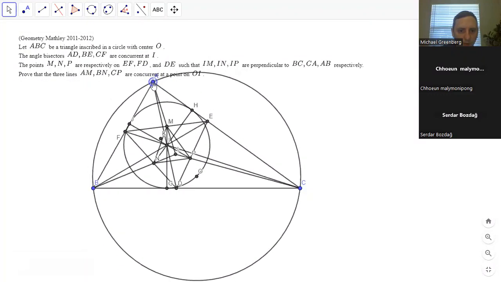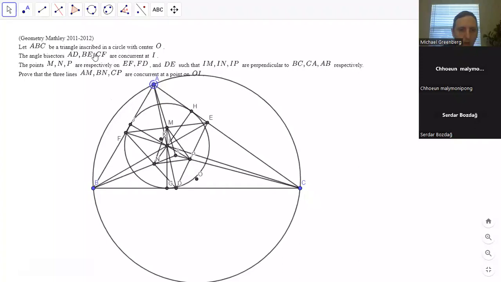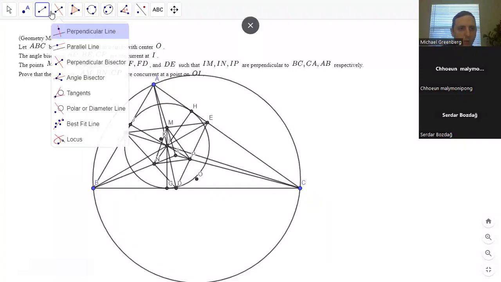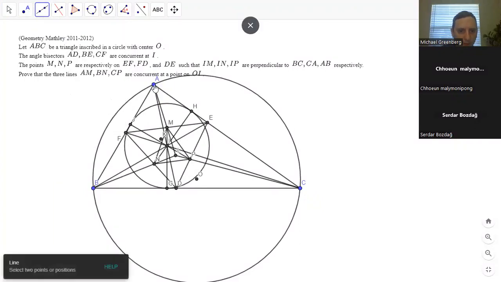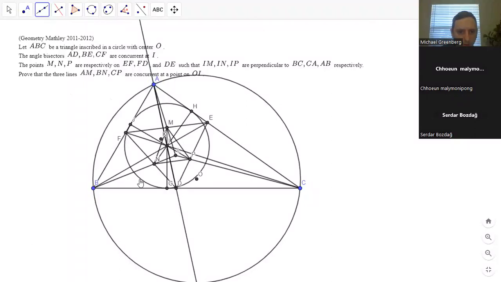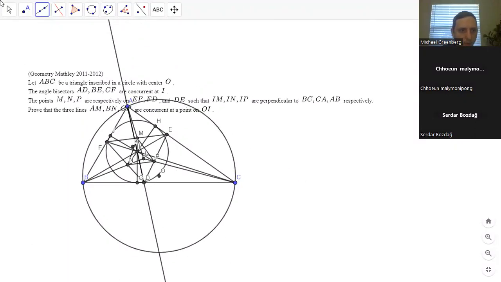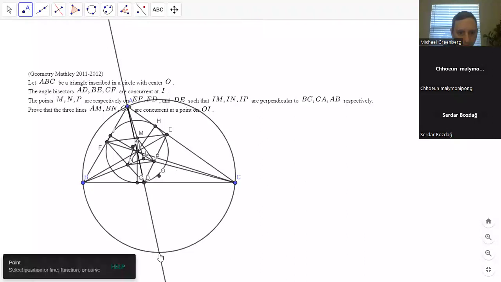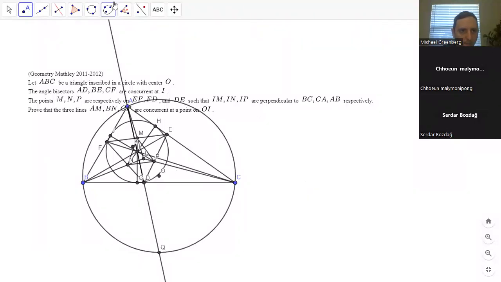Okay, so I'll check if it passes through the X center. Hold on one sec. Let's use the incenter X center. So I just have to reflect I over that midpoint. That would be the X center.